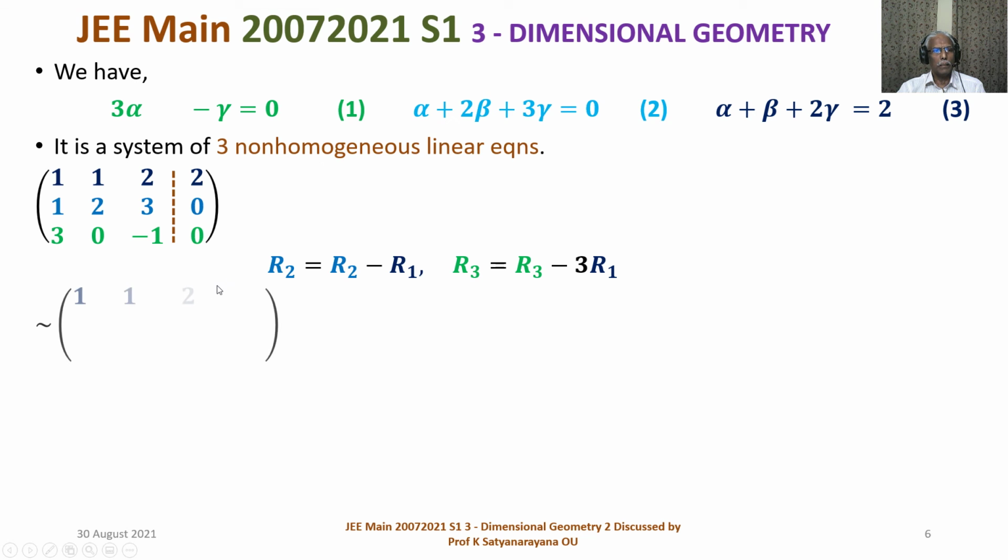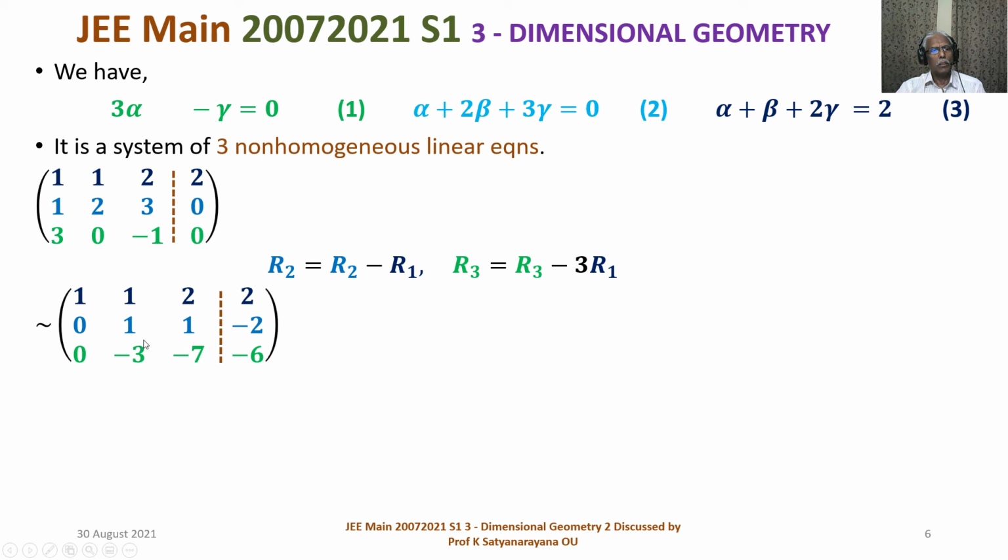Then R2 minus R1 means 1 minus 1, 0, 2 minus 1, 1, 3 minus 2, 1, 0 minus 2, minus 2, and 3 minus 3, 0, 0 minus 3, minus 3, and minus 1 minus 6, minus 7, 0, minus 6, minus 6.